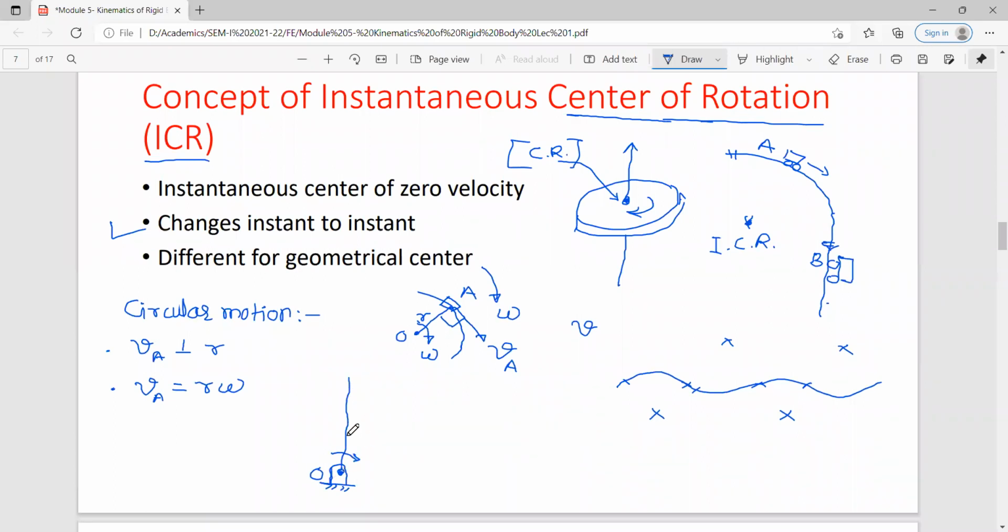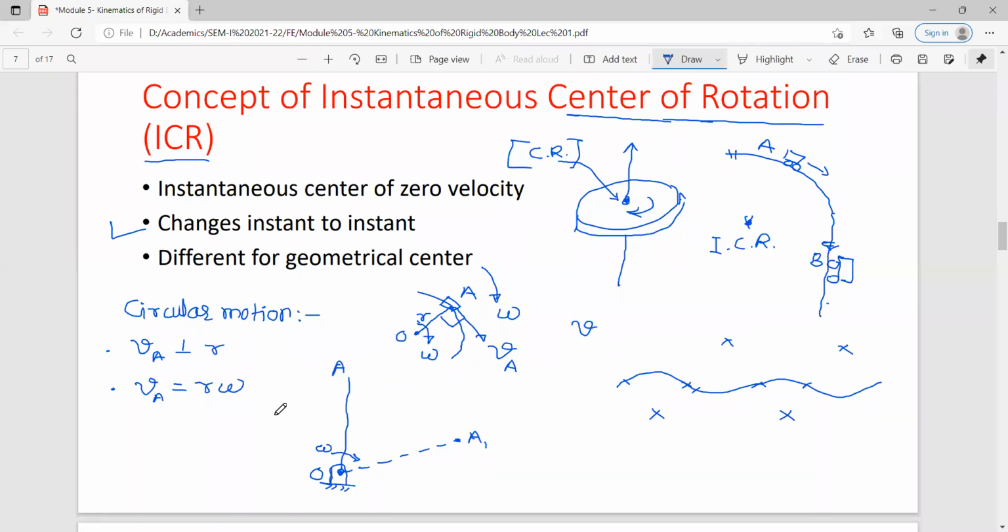This rod can turn about point O. Okay, so suppose here is the point A. As this rod is turning about point O, the next position may be like this. So how much time it will take? It will depend on the omega. What is the angular velocity of this rod OA? So it is the next position of point A, say A1.